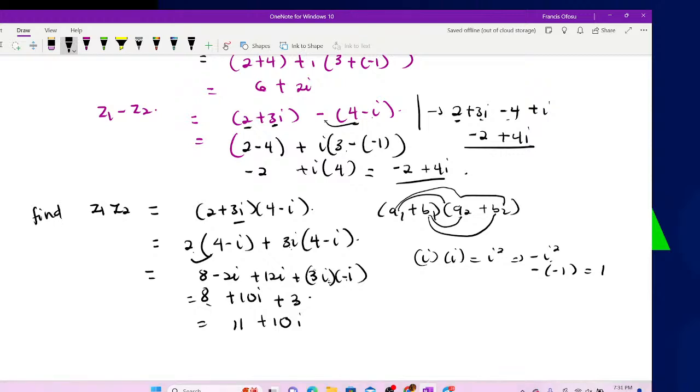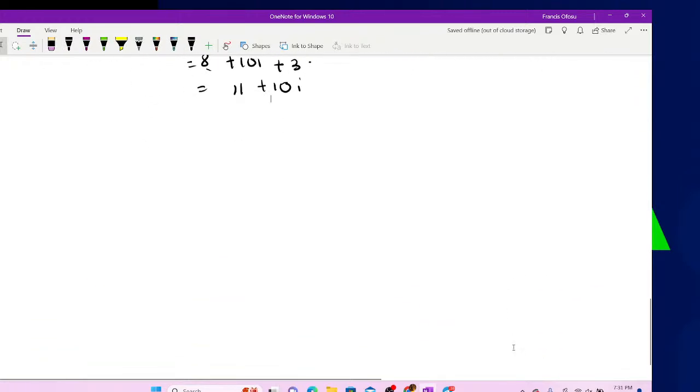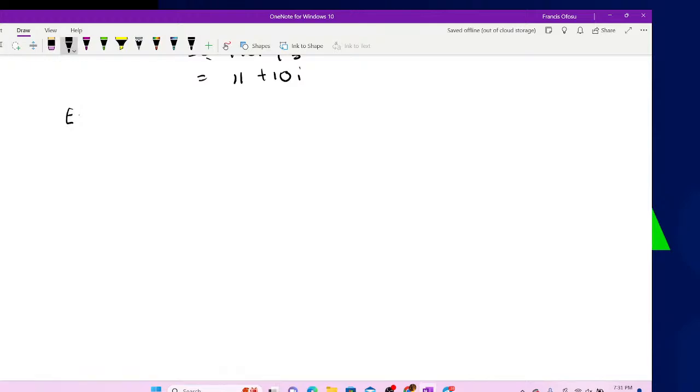This is all for the arithmetic for now. Let's quickly move to the equality of complex numbers.